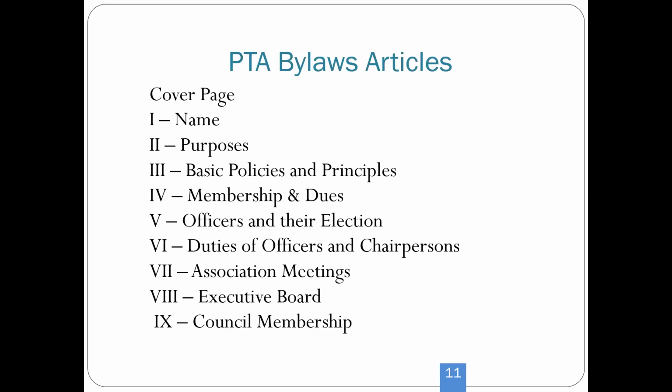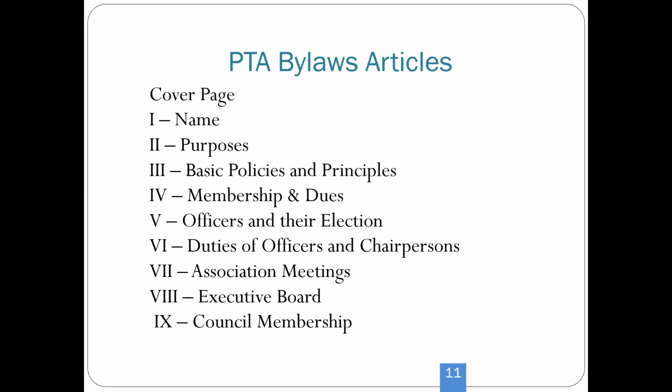The officers and how they're elected is in section 5. Section 6 is duties of your officers and chairpersons. 7, your association meetings, what makes up your association, what your quorum is. An association quorum is your elected officers plus 4.